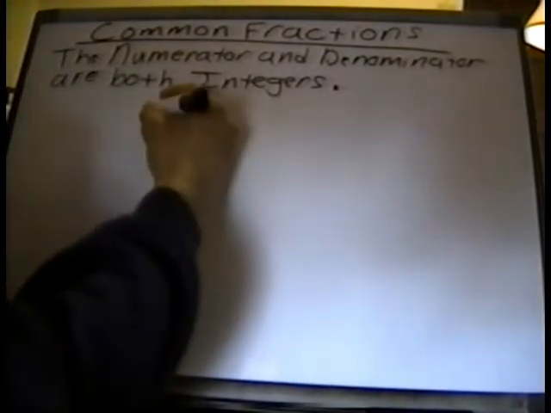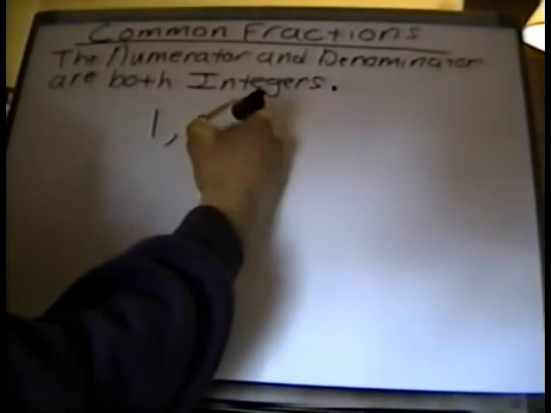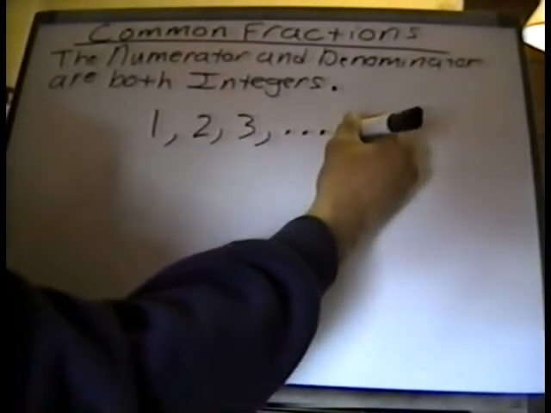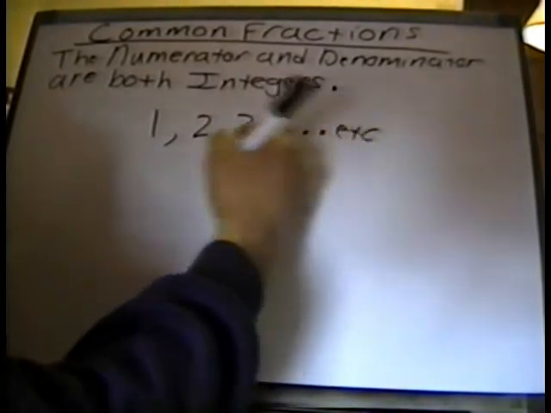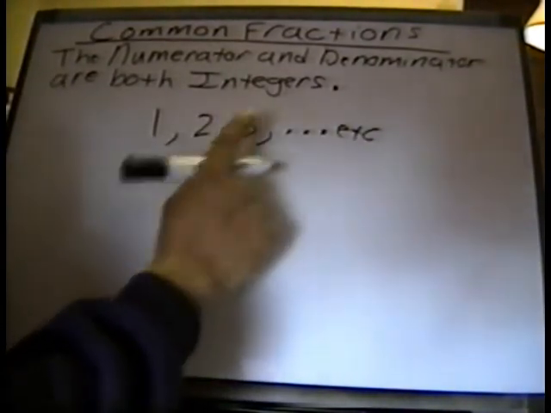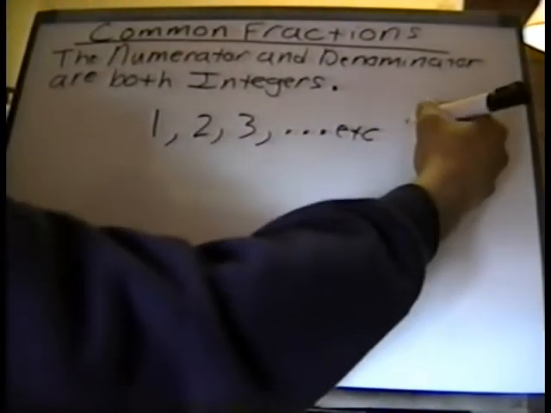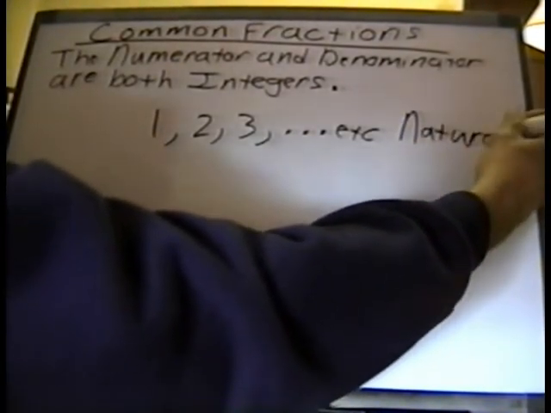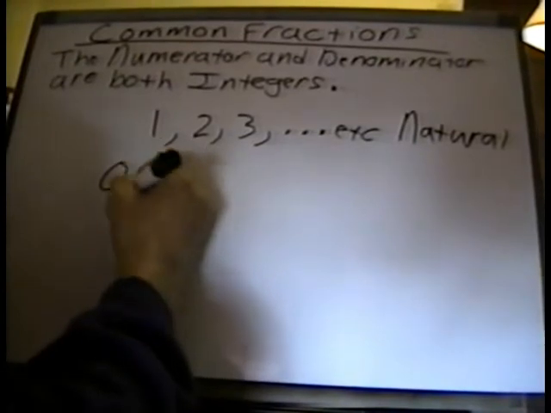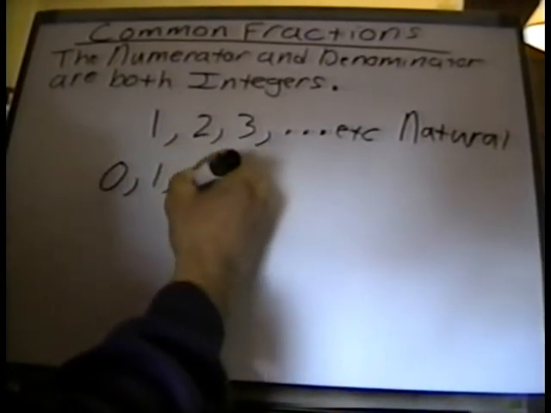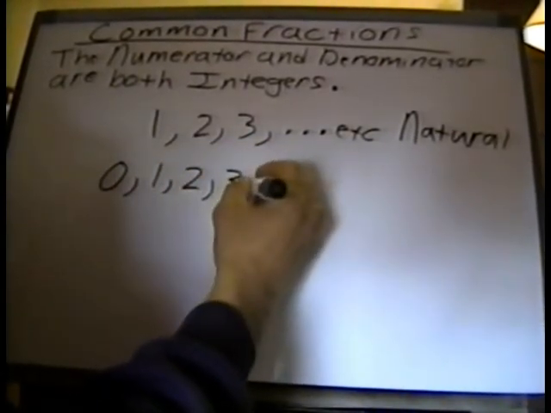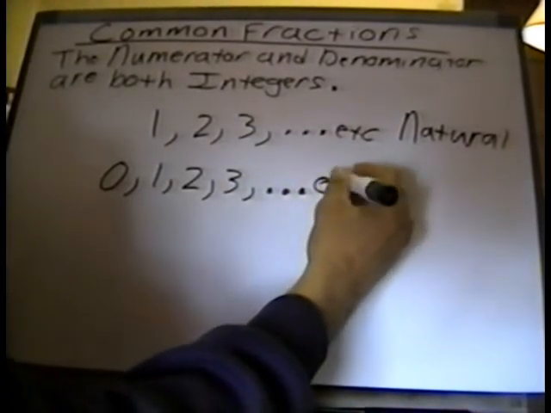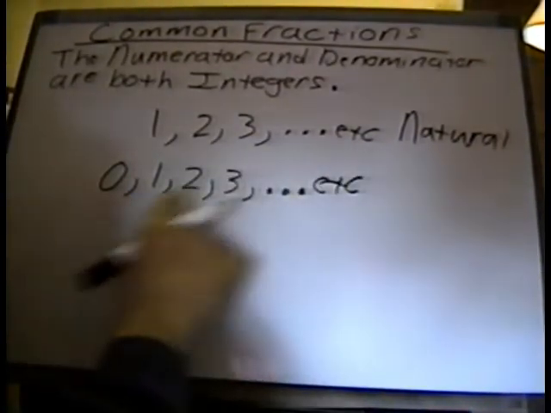Well, for example, numbers 1, 2, 3, and so on are called your natural numbers. If you add a 0 to the front of that order, we call these your whole numbers.